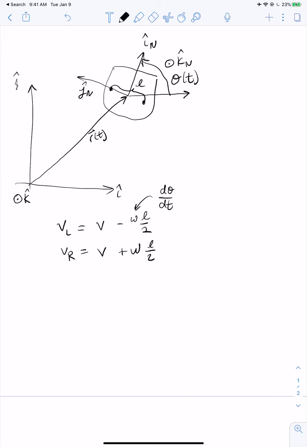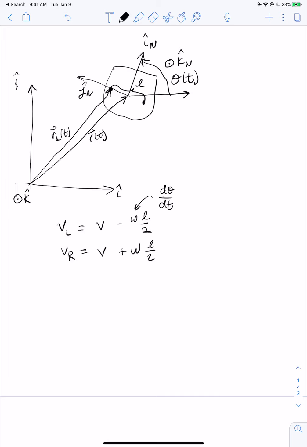Let's define another vector in space. We're going to call this R_L of t, the position of the left wheel of the robot as a function of time. What's beautiful about this is we can very easily write R_L of t in terms of R of t and the j hat Nito axis as follows.